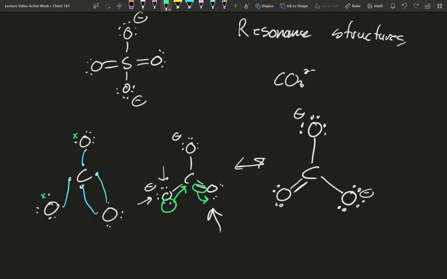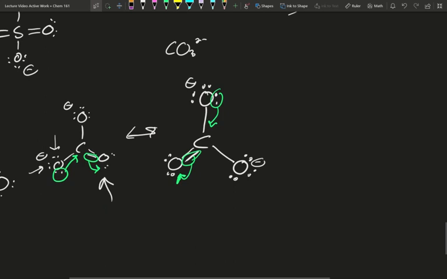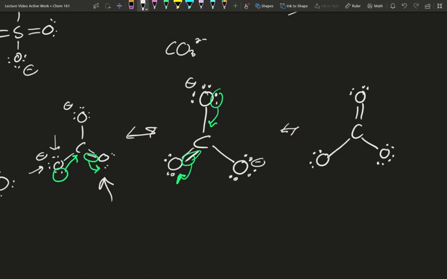And this can happen again. We can say, hey, what if the top folds down? Well, it's going to force one of the multiple bonds to break away. And the net result of that will be that our carbon will now have a double bond going up, a single bond that didn't change going down and to the right, and now a single bond going down and to the left.